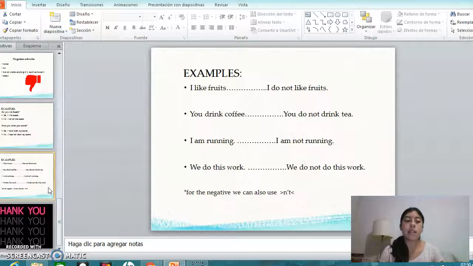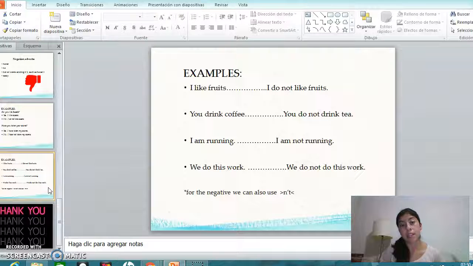Here is the same as the examples that we just saw. I like, you drink, I am, we do, is a way to affirm these things that we do. And I do not, I am not, and we don't or do not is a way to negate, that we don't do these things.